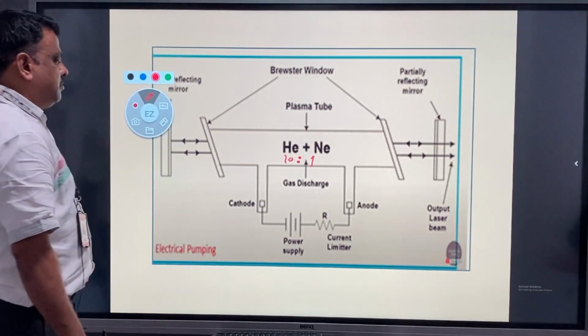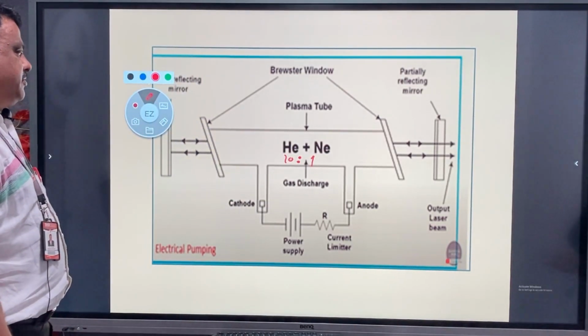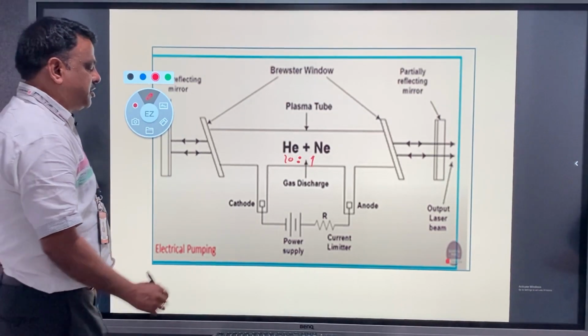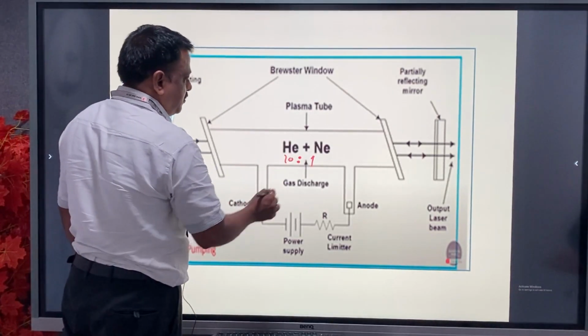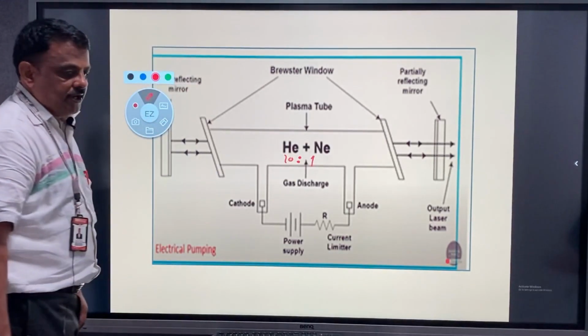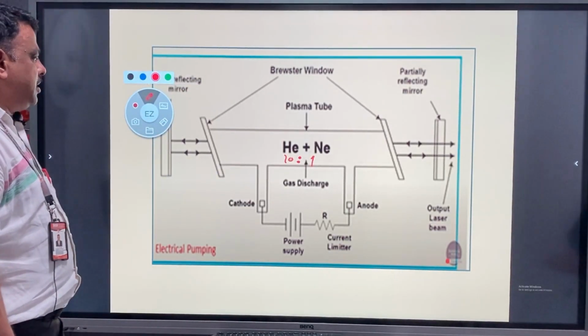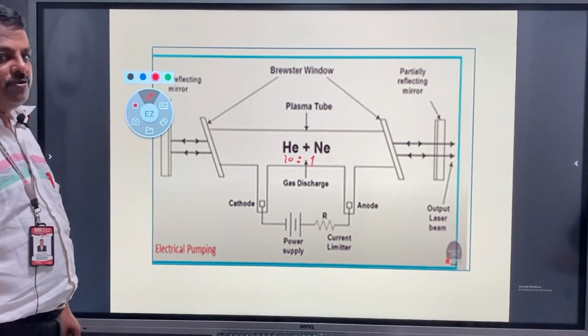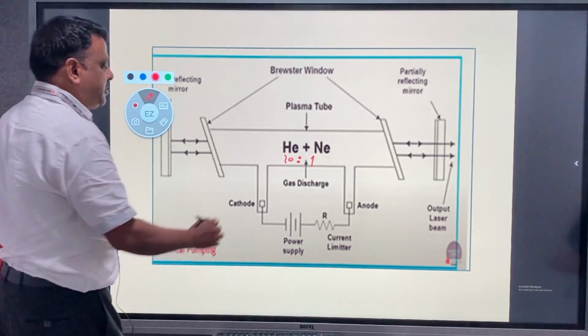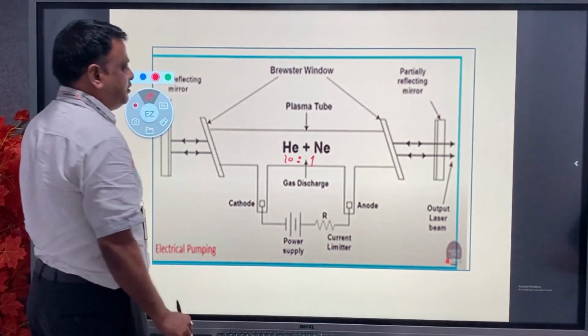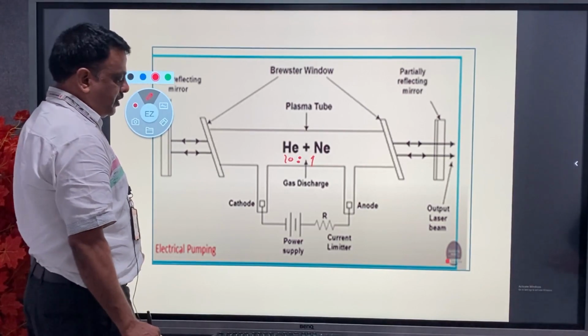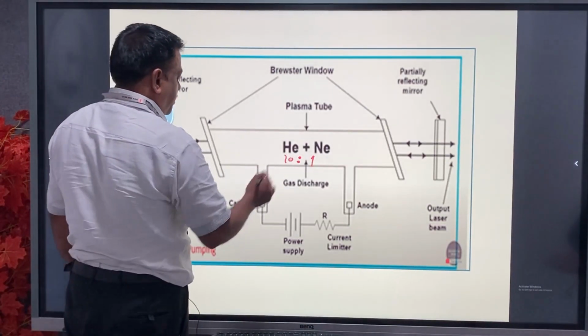That means 10 millimeter of Hg helium is inserted in the quartz tube and 1 millimeter of Hg neon is inserted. This 10:1 ratio of the helium-neon gas mixture acts as the active medium.